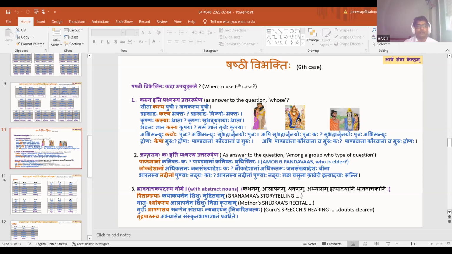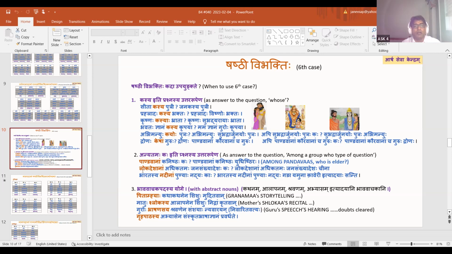Then this is another usage you should be familiar with. Whenever you compare, take a group and say that in that group one of them is good or two of them are better, in that group the noun has to take sixth vibhakti. Pandavanam Pandavaha. Among the Pandavas, one of them is eldest or strongest or skilled, Shastra Nipunaha, skilled in bow and arrow, Shastra Pyasam.